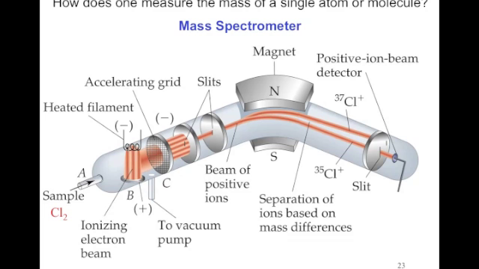Two things happen when we heat up this filament. If you've ever seen a coil of wire that you run a voltage through, it heats up and it emits light. Well, another thing can happen as well. The kinetic energy of the electrons as they're moving through here can get high enough that they achieve escape velocity.